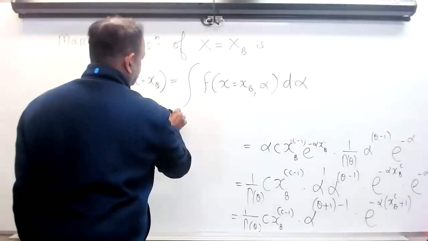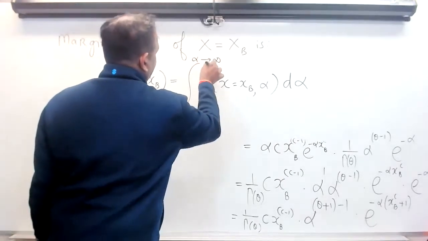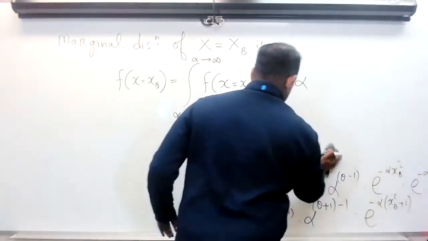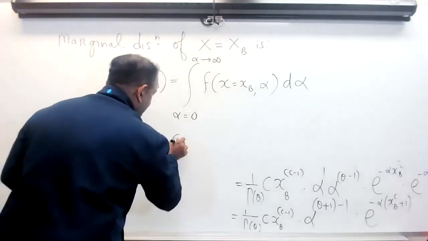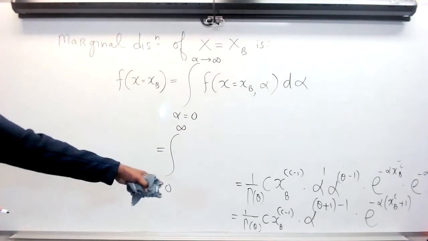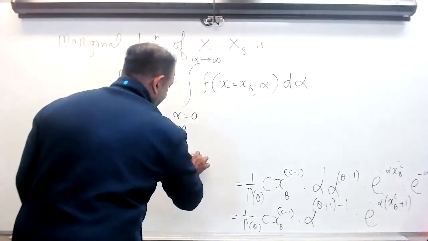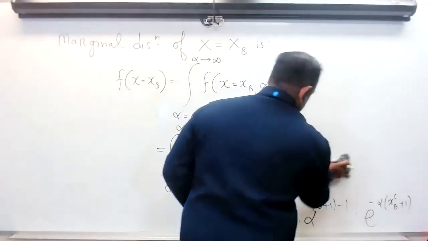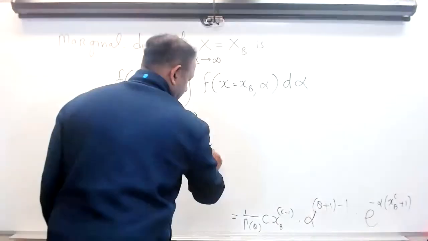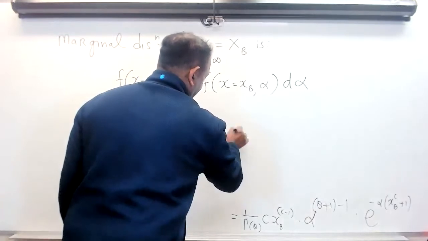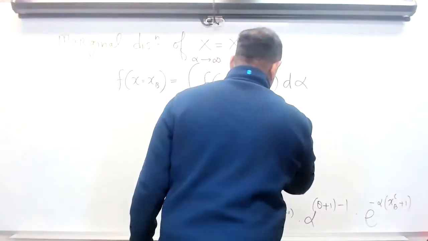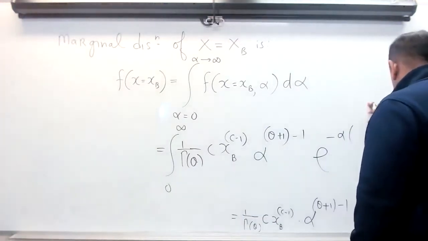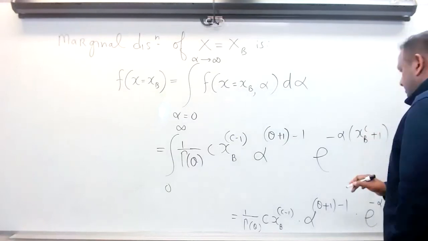Alpha goes from 0 to infinity. That means you're going to integrate from 0 to infinity with respect to alpha of that guy: 1 over gamma theta, c xb to the c minus 1, alpha to the power of theta plus 1 minus 1, e to the power of minus alpha xb to the c plus 1, d alpha.